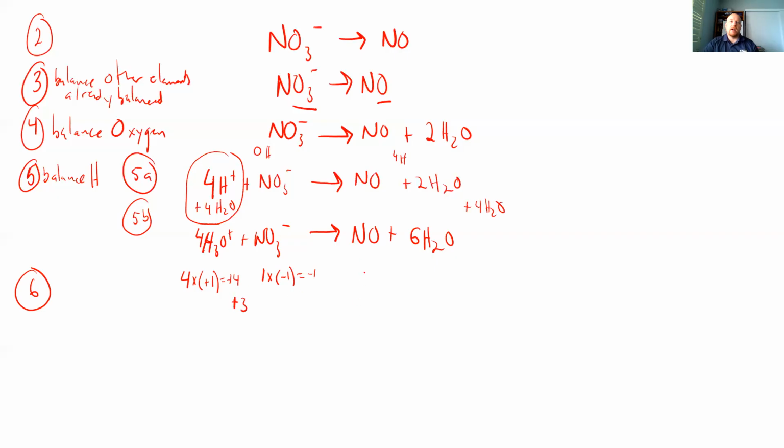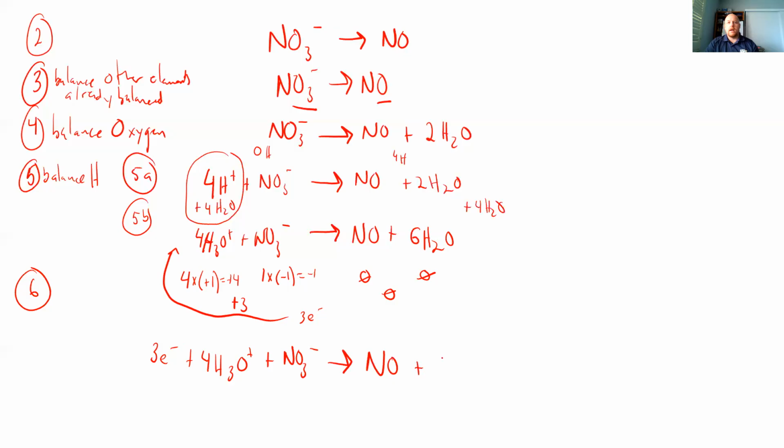On the product side, I've got 0 and 0, which gives me 0, which means I have a difference of 3 electrons, and they go to the more positive side. So for our balanced overall half reaction, I should have 3 electrons plus 4 hydronium ions plus nitrate react to form nitrogen monoxide plus 6 waters.